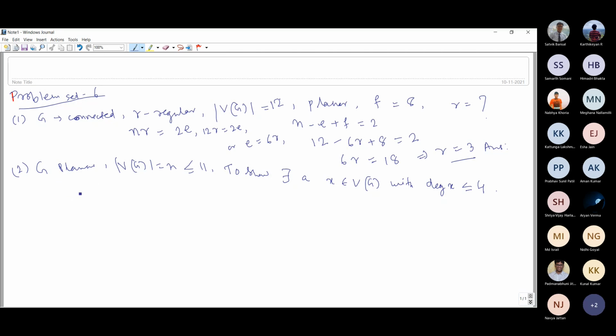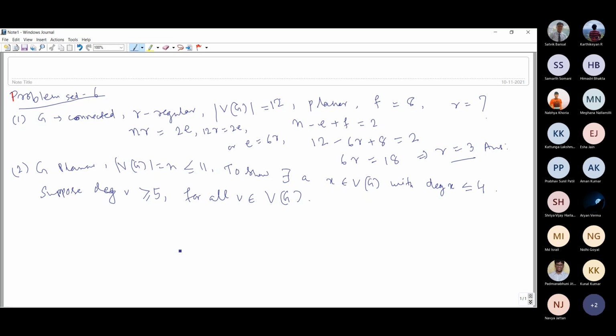Suppose the degree of every vertex is greater than or equal to 5 for all vertices v in the graph G. Suppose this happens. Then what contradiction will we get?